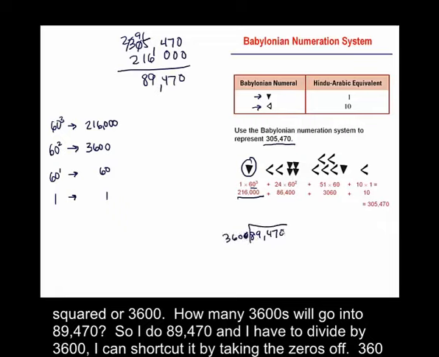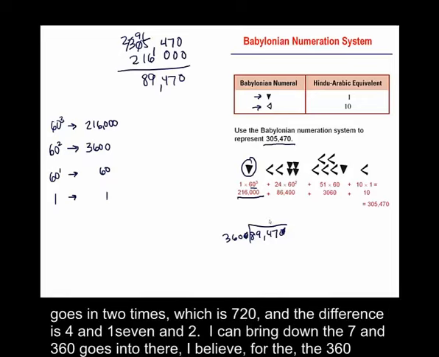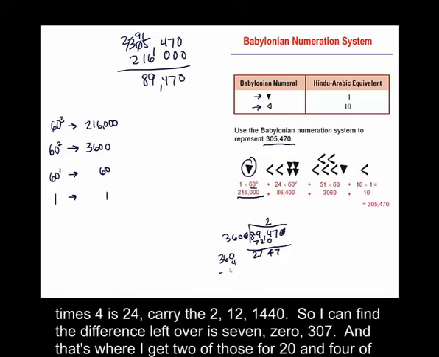I can shortcut it by taking the zeros off. 360 goes in 2 times, which is 720, and the difference is 172, and I can bring down the 7. And 360 goes into there, I believe, 4 times, so 360 times 4 is 24, carry the 2, 12, 14, 1,440.